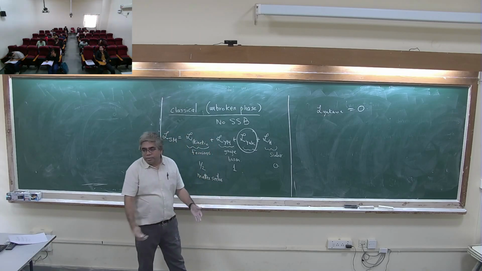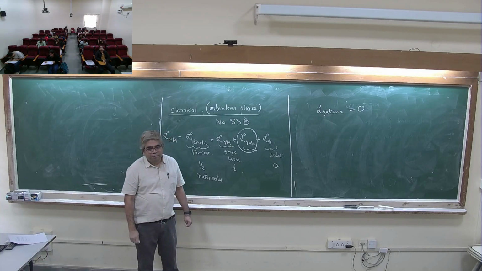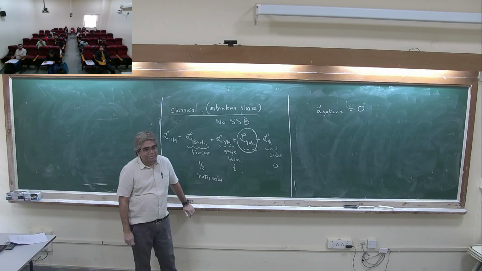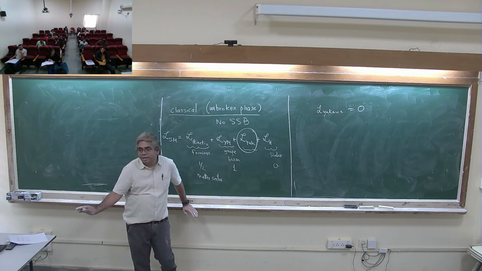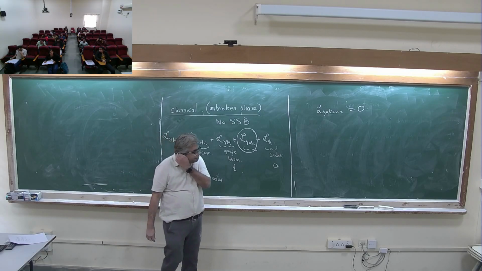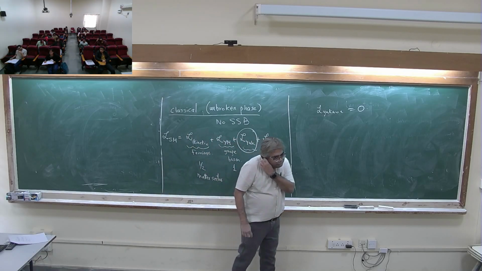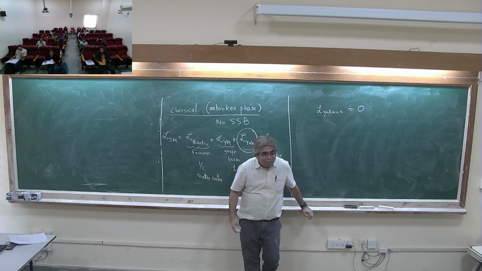Now, is there any way of distinguishing an electron from a muon? As far as gauge interactions are concerned, because the Yukawa couplings are 0, you cannot distinguish an electron from a muon or a tau. What about the lepton numbers? Electron numbers are always there. But how do you distinguish them?